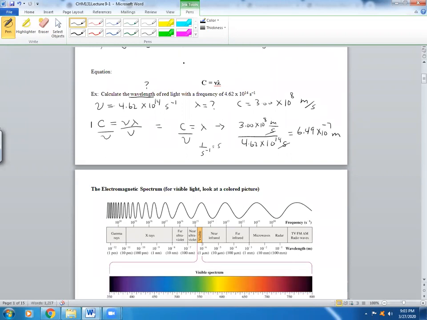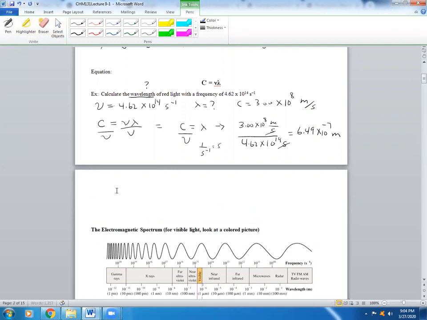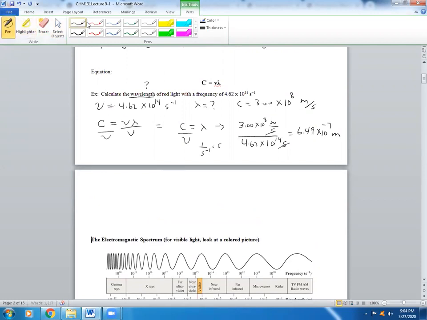Now, suppose the question is asking you to find that in nanometers. Well, we've done enough of that, so we should be able to do that. So we take that number, 6.49 times 10 to the negative 7th meters. We say we want to calculate this in nanometers. Okay, so meters down here, nanometers on the top.